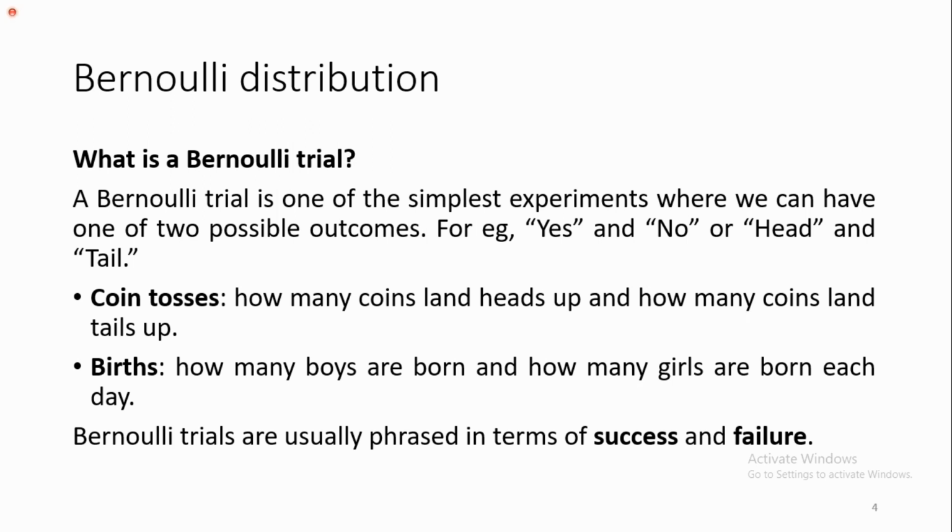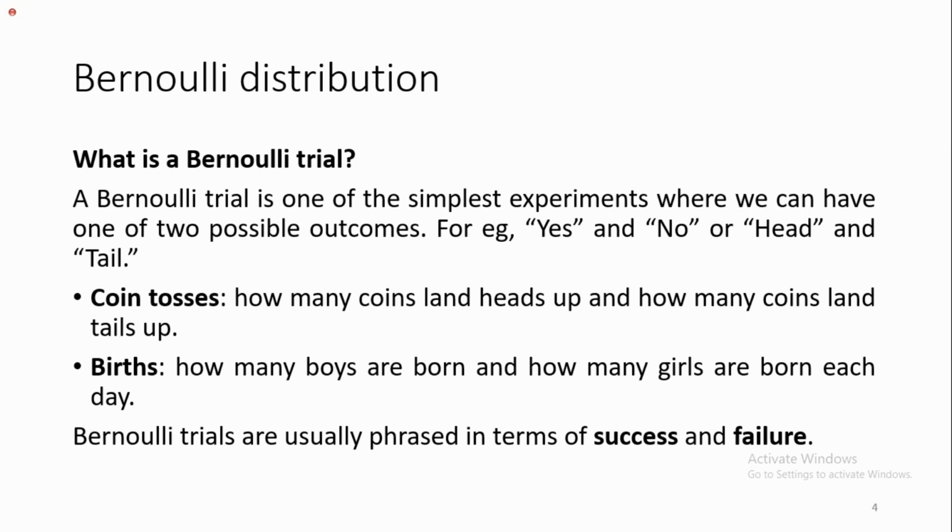In Bernoulli trials, we phrase the outcomes as success or failure. If you take a particular exam and you pass, we can take it as a success, and we can find the probability of success. If you fail the examination, we take it as a failure.